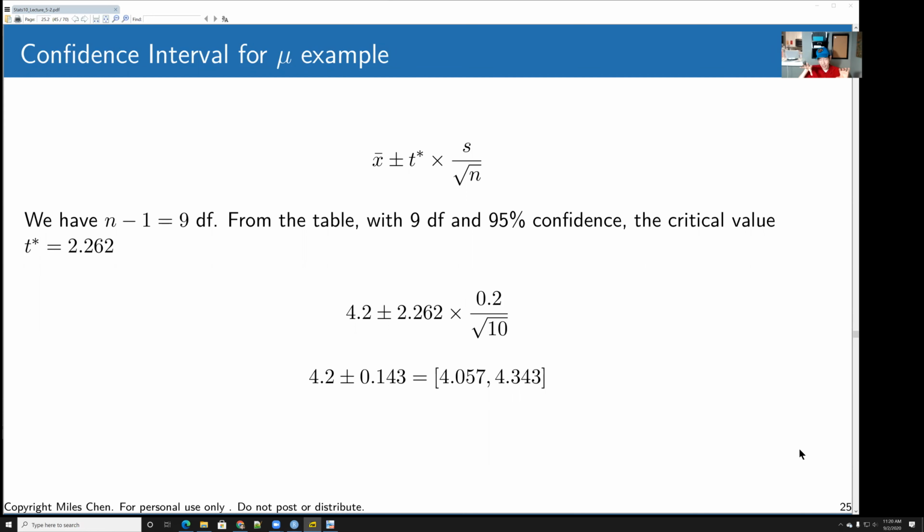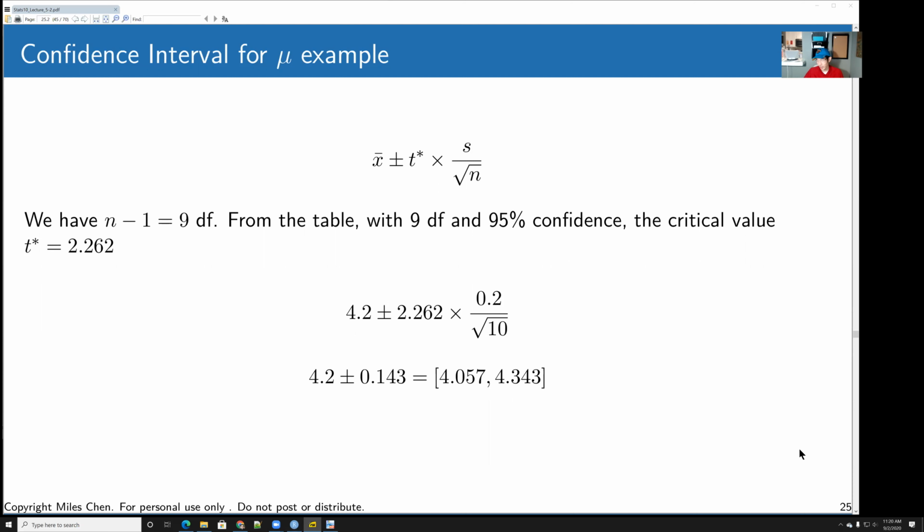Those values in that table are known as Z star. They're known as the critical values from the table. So it's not based on a Z-score. A Z star is just based on what the normal table says.